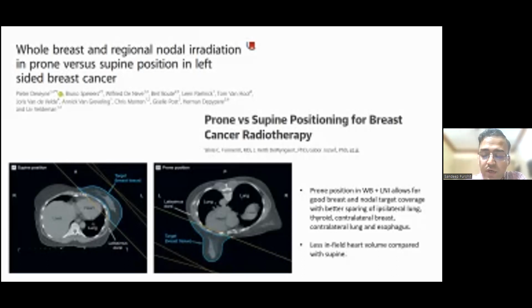But when the same patient is taken in a prone position with the breast hanging, the medial and lateral tangentials are including very minimal heart. So it was seen that in prone position, less in-field heart volume was observed as compared to supine position. So this is one of the techniques. If the patient has a pendulous breast, then the patient can be treated in prone position.